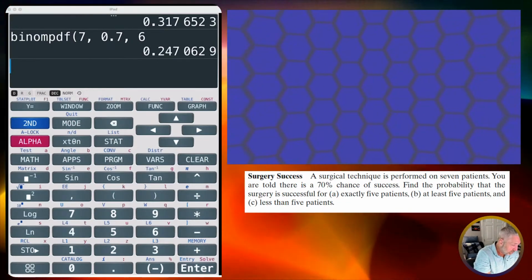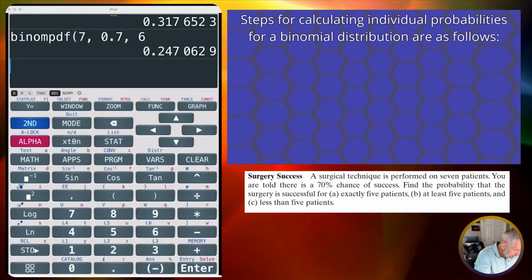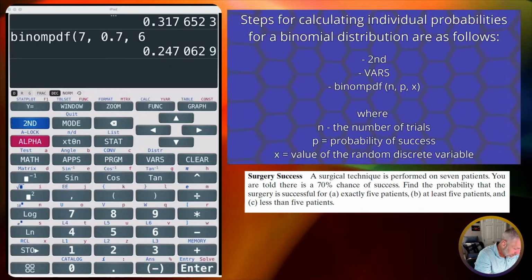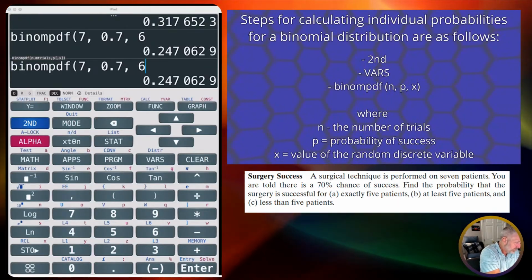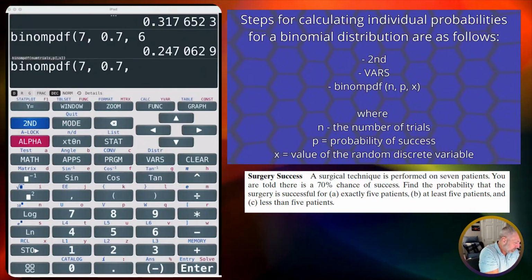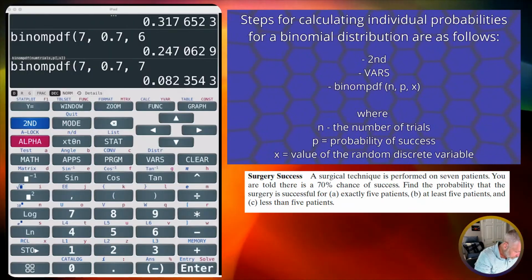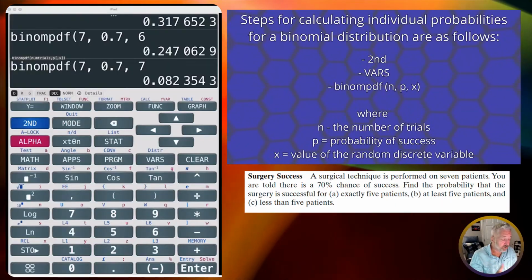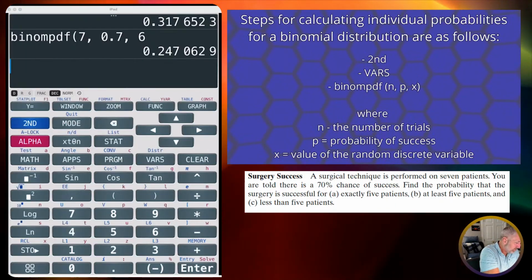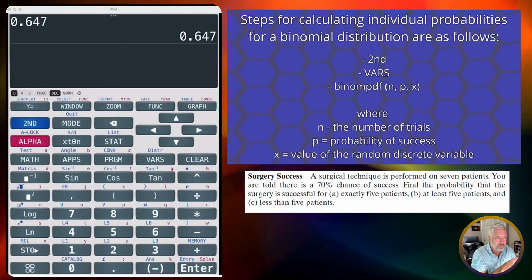So you got 0.318 plus 0.247 plus, now I'm going to do it again, second, enter, scroll back, and I'm going to do 7. And I get 0.082. So that's 0.647. I'm just putting this in here for reference, so we've got it up there.